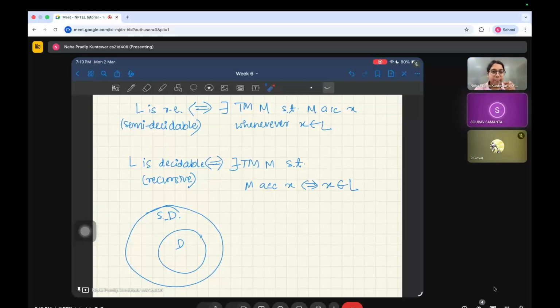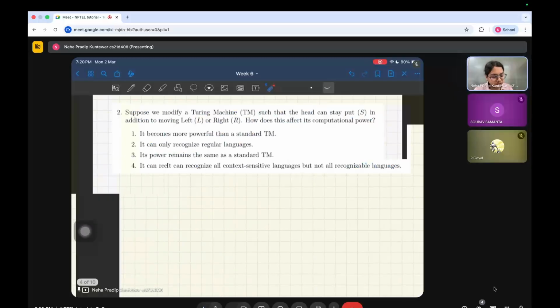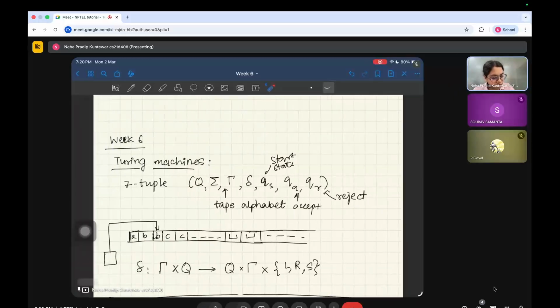Ma'am, give an example, say a Turing machine that has only one step. Okay, so by definition, you make the machine have at least two states, right? You need an accept state, you need a reject state.